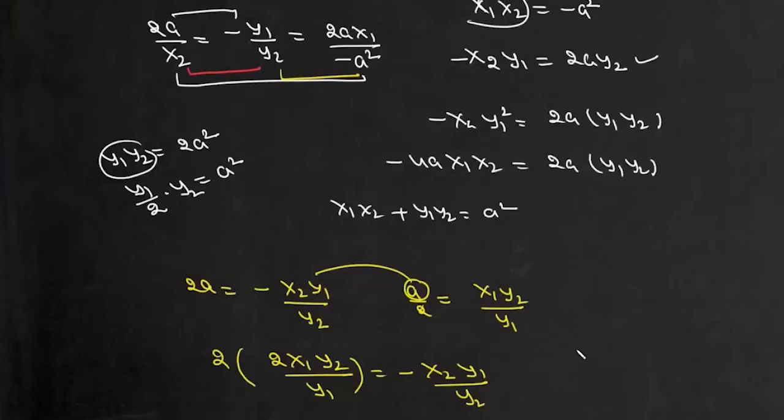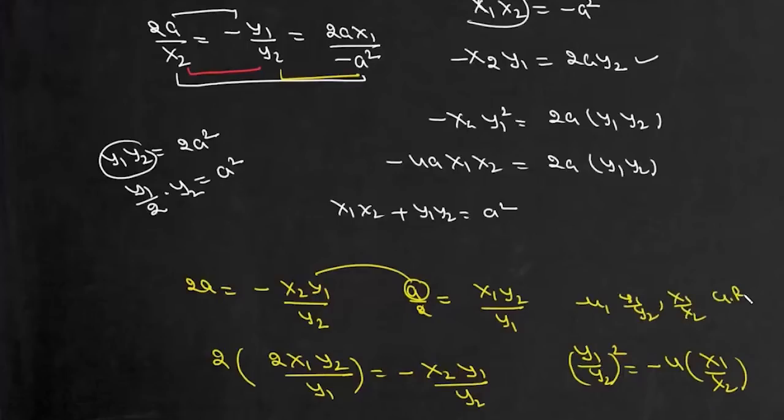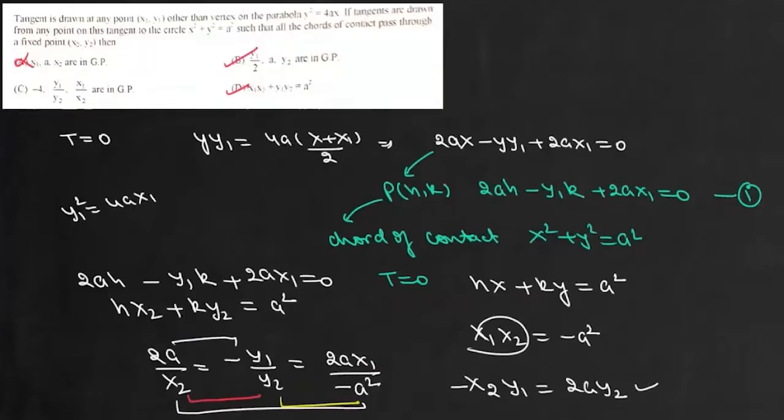Now we can write this as (y1 upon y2) whole square, which is minus 4 x1 upon x2, which is minus 4 y1 upon y2 and x1 upon x2. They are in GP. That means this option C is also correct. So the correct options are B, C and D.